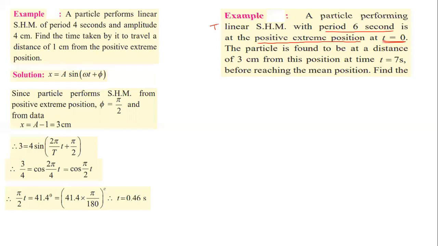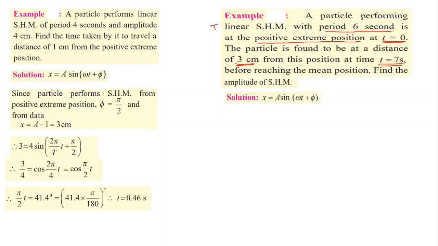The particle is found to be at a distance of 3 centimeter from this position, that is, 3 centimeter from the extreme, at a time 7 seconds before reaching the mean position. Find the amplitude of the SHM.